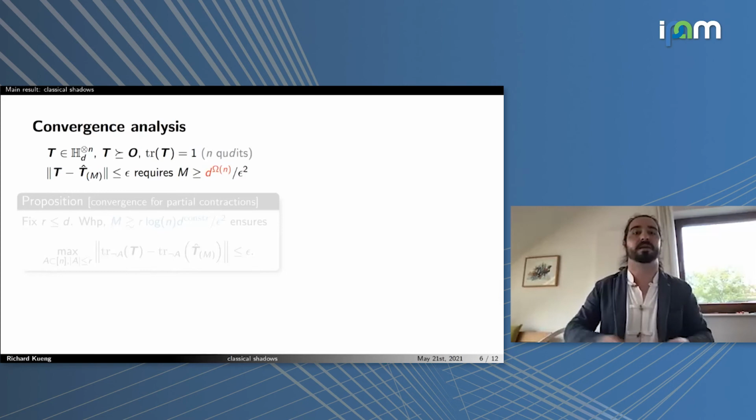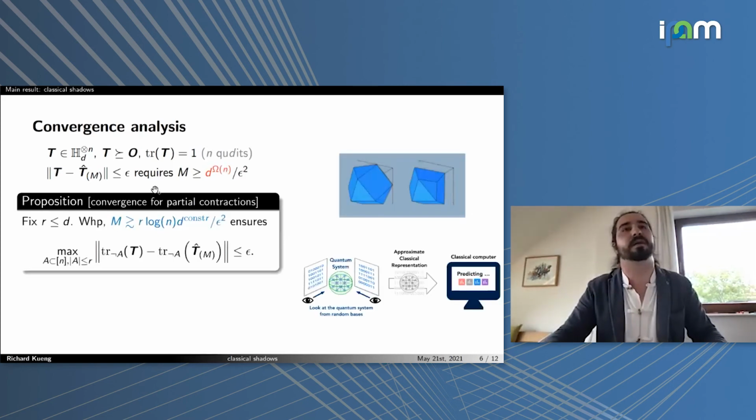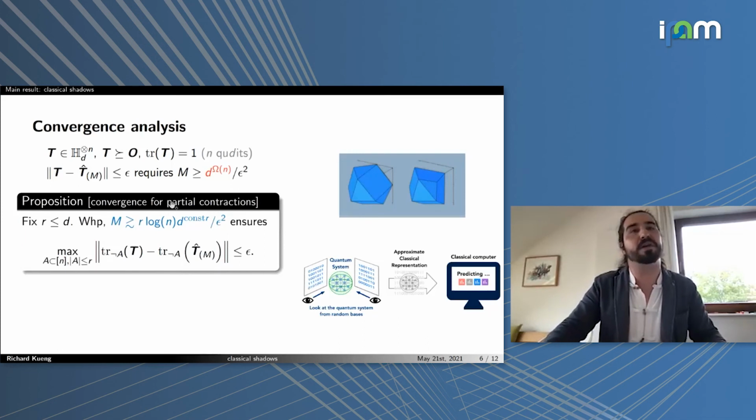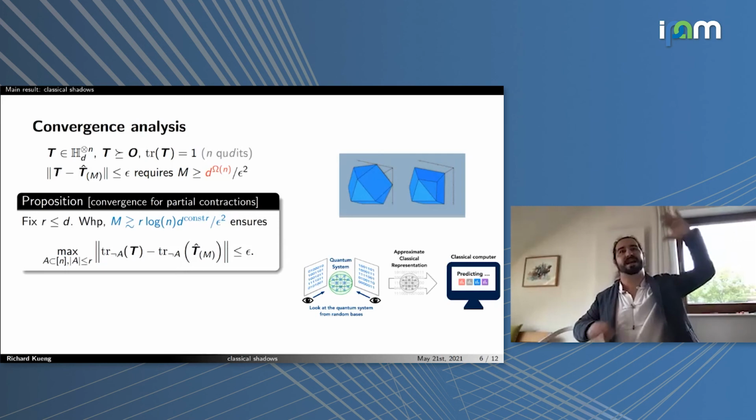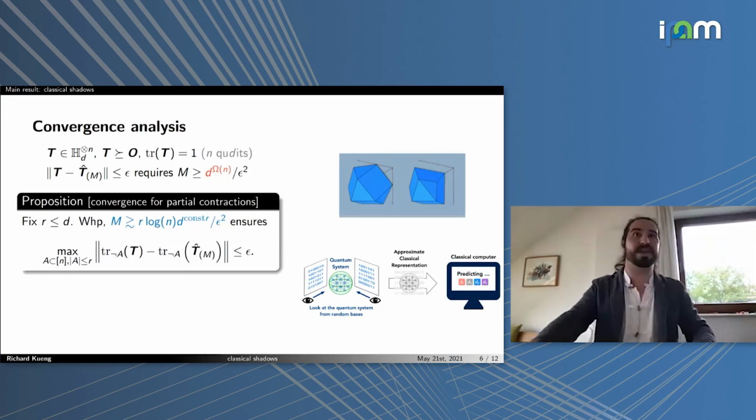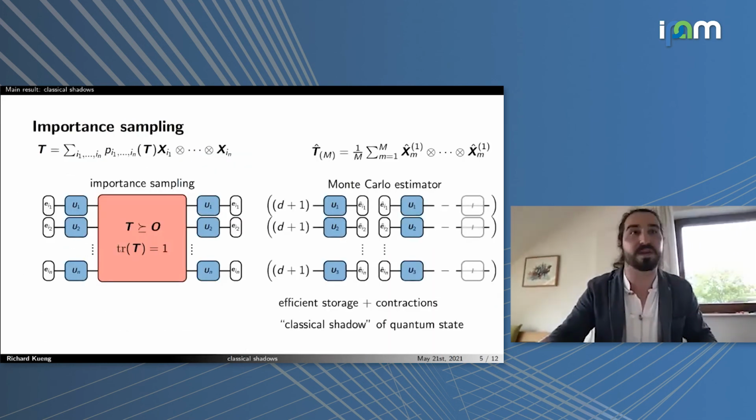But something interesting happens. Convergence happens much more rapidly if I look at partial contractions. Like if I take the big tensor and I contract away much of it. And remember that this is exactly one of the things we can do for free here, because each tensor is a tensor product, and each factor has trace 1.